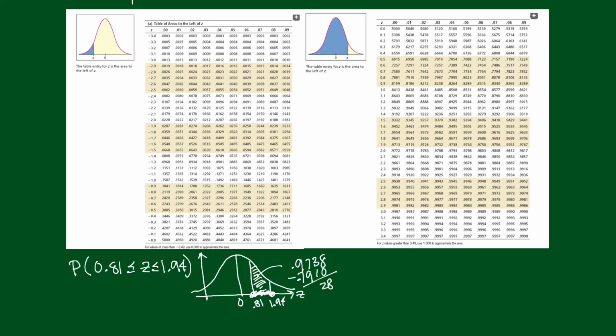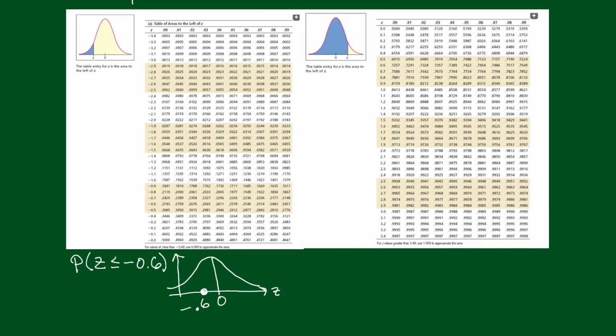Borrow, so what do we get here? 17 minus 9 and a 1. So I've got it there. So I'm going to say that this is 0.1828. So it's about 18%. About 18% of the data will lie in that interval.